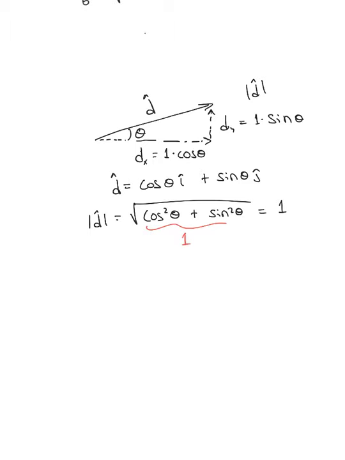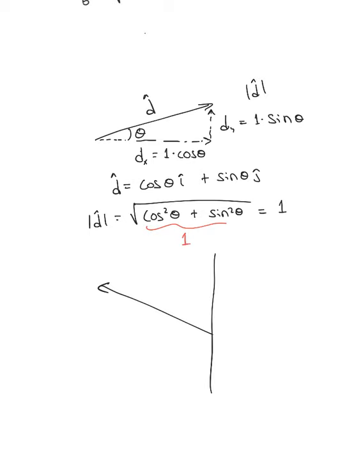In general, for any angle theta relative to the x-axis, you can write the unit vector that points in that direction in terms of cosine of theta i hat plus sine of theta j hat. Even if I take some angle, I have a vector that points over here, right?